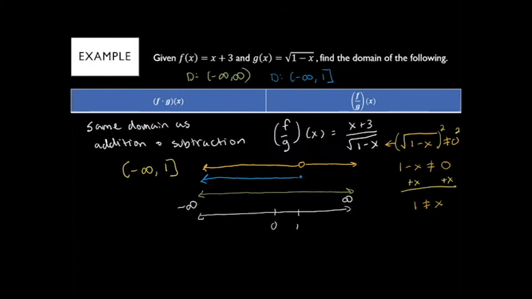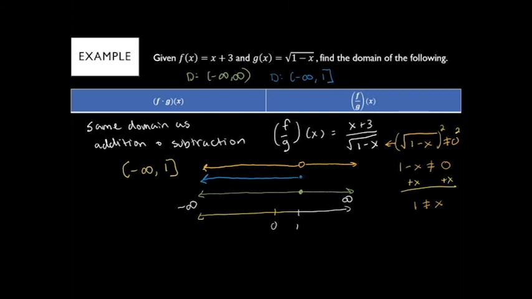So when I'm looking at the intersection, I'm looking for where all 3 of these things overlap. We have overlap everywhere less than 1, but at 1, we don't have all 3 things overlapping. 1 is included in the green, in the all real numbers. 1 is included in blue, but it's not included in orange.